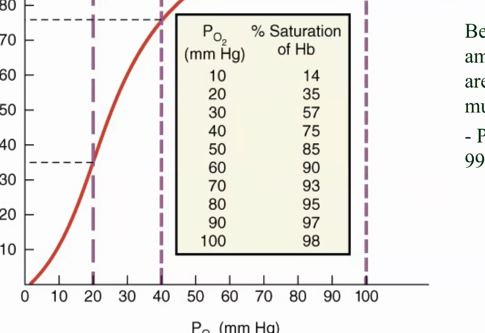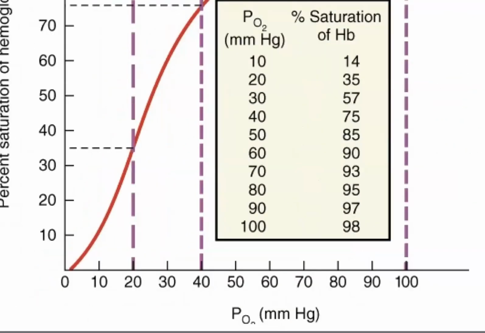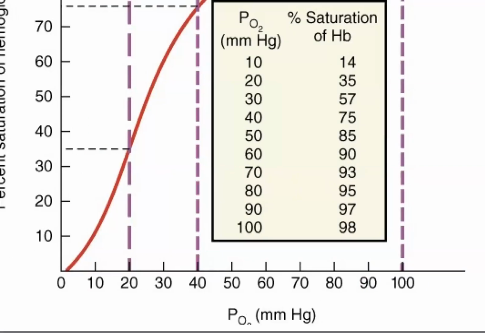At that point, the oxygen leaving that area is 35% saturated. So you've unloaded 63% of the oxygen. That means it favors the red blood cells letting go of oxygen when that tissue is active, right? Makes sense, right? The more active the tissue, the more oxygen it needs.